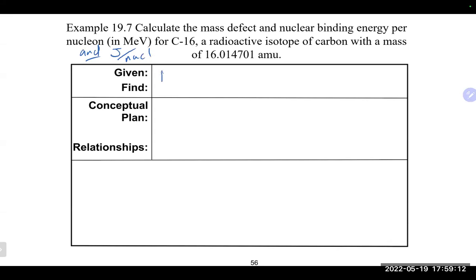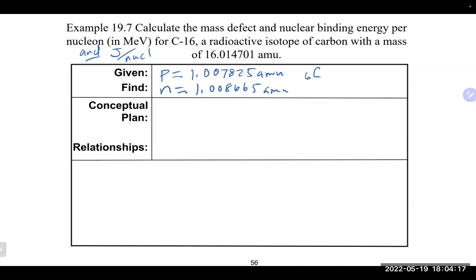The proton's mass is 1.007825 AMU. Neutron's mass is 1.008665 AMU. And obviously carbon is lucky number 6 there, right? Carbon is 6 on the periodic table. I think that should be everything you need. Give it a go, see what you come up with.